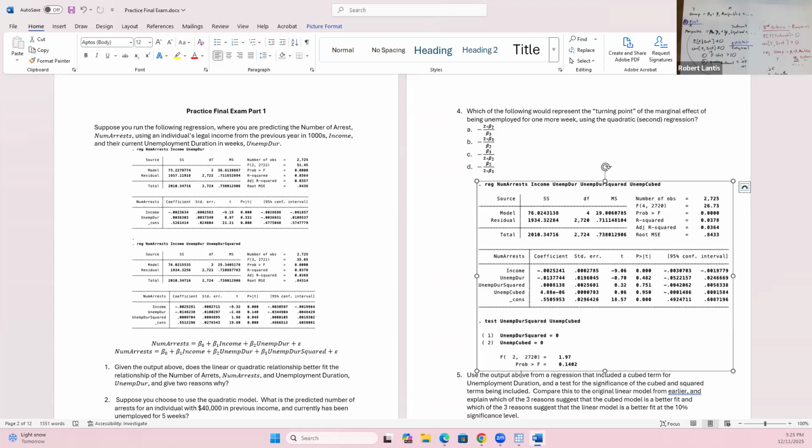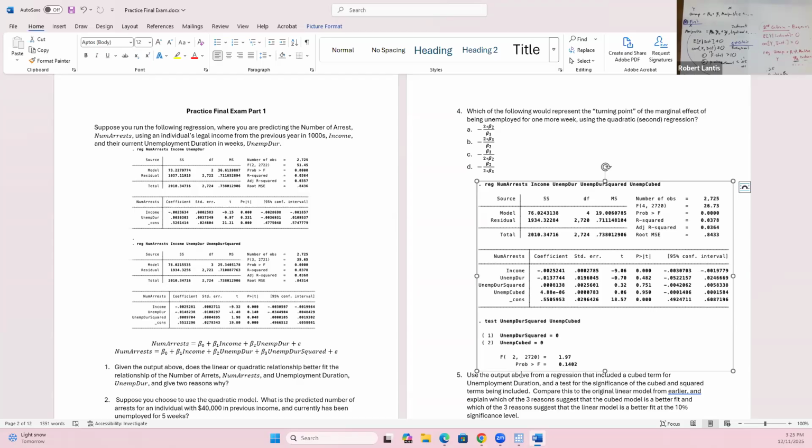But here's where it gets a little bit tricky because it won't always necessarily line up, because here I'm just comparing to the linear, right? I'm kind of skipping over just including the squared term. What else would tell me that these squared and cubed terms shouldn't be included here? Not just the joint significance test, but if I look at each of those variables, what's true about both of their p-values? Super high.